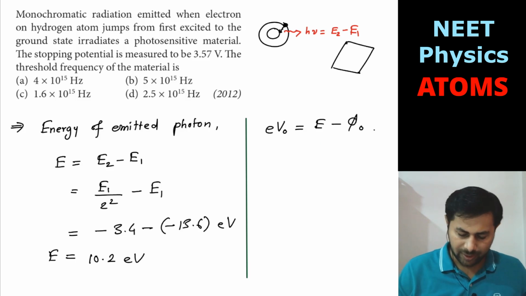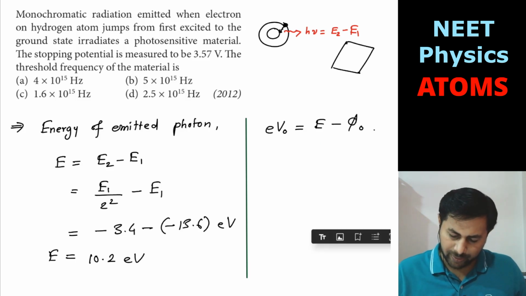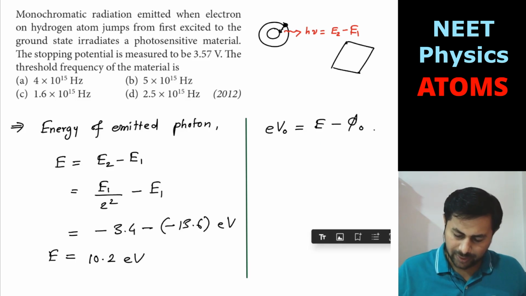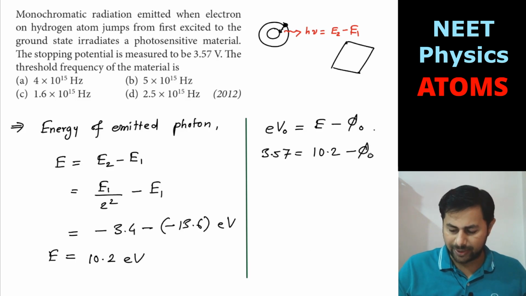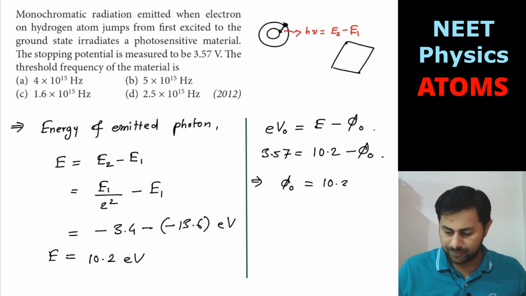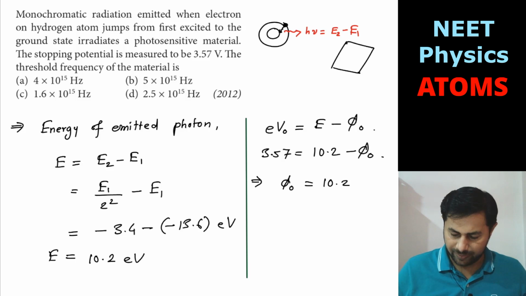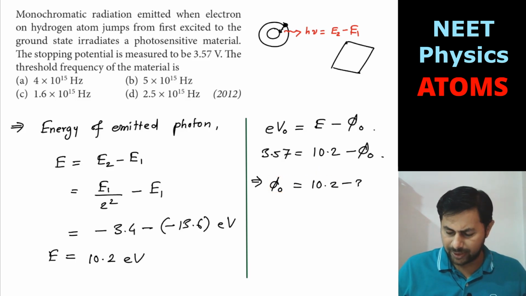The stopping potential is 3.57. 3.57 is equal to E, which is 10.2, minus phi naught, and from that you get phi naught is equal to what? 10.2 minus 3.57. So how much is that?